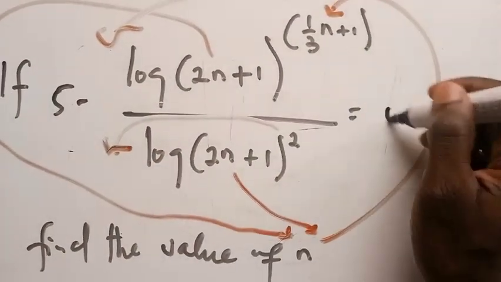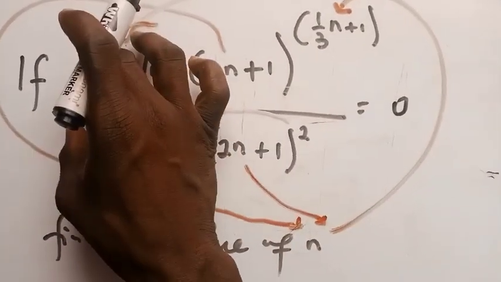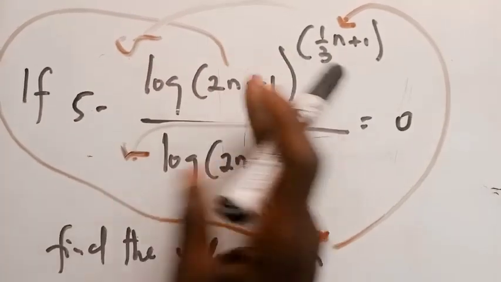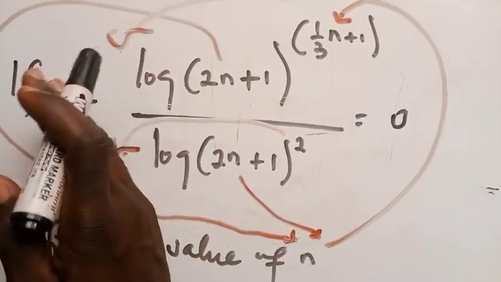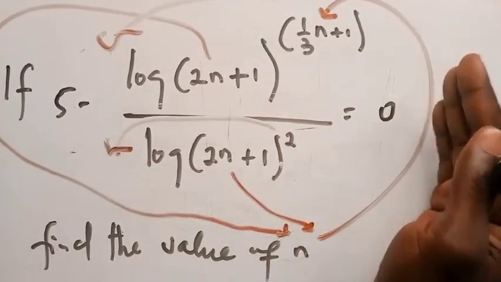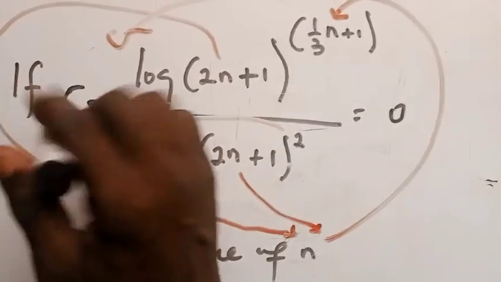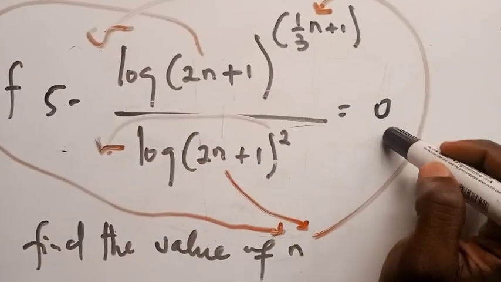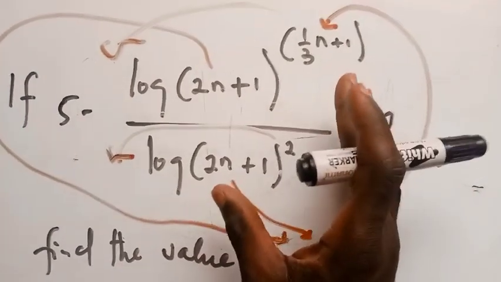Remember, everything is equal to 0. What I mean by this house is that everything before the equal sign is one house, and everything after the equal sign is another house. Since you are not part of the logarithm family, why don't we jump from here and come to this house? Okay, so let's hear what the logarithm families are saying.